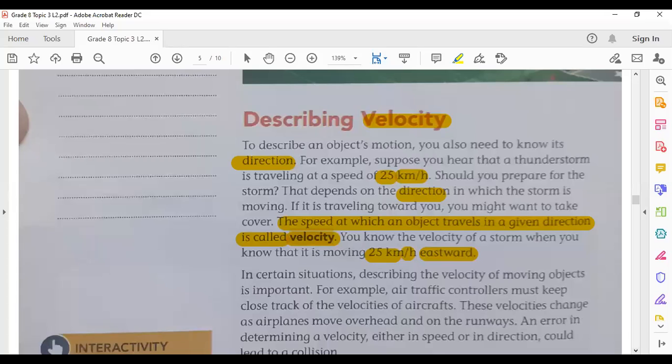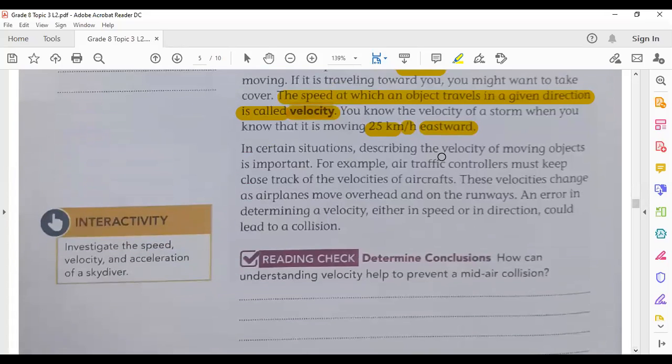In certain situations describing the velocity of moving objects is important. Why do we care about velocity? For example, air traffic controllers must keep close track of the velocities of aircraft. These velocities change as airplanes move overhead and on the runways.